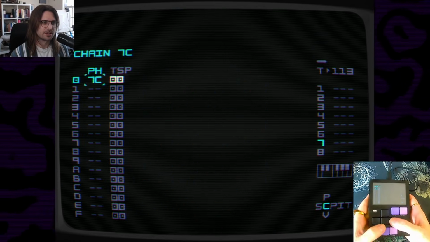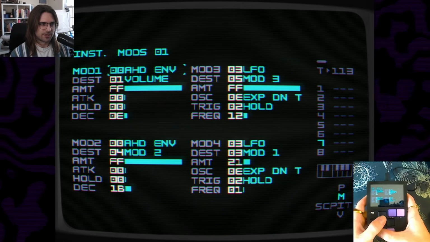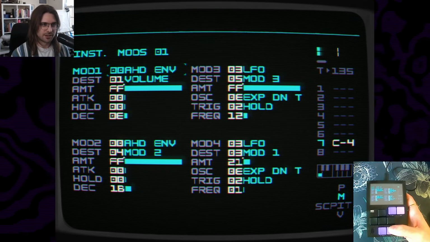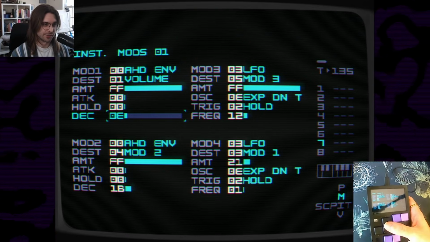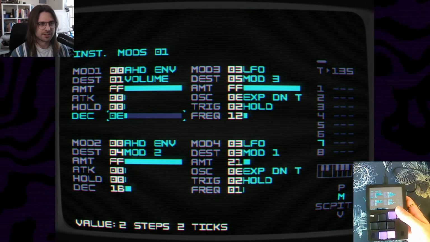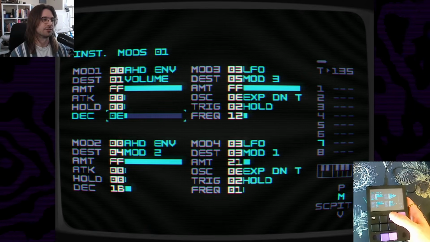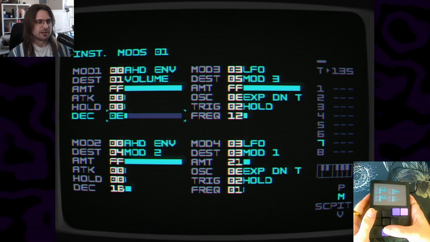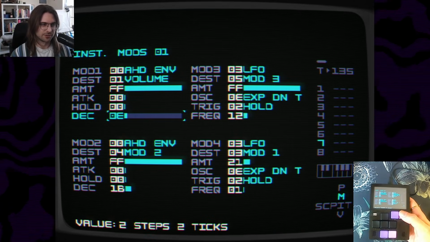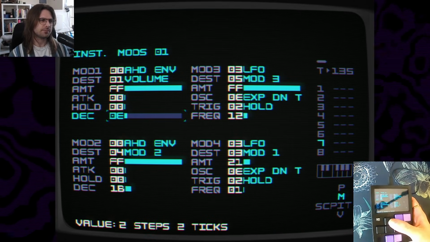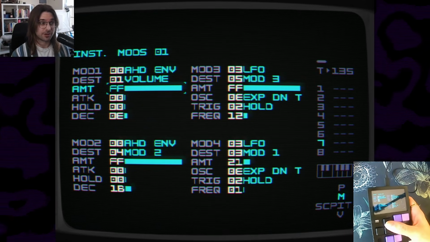All of your instrument envelopes are going to be determined by the tempo of the song, right? So all of these are measured in ticks, but if you slow your tempo down, you're effectively making the envelope longer because it's the same number of ticks, right? But because the tempo is moving slower, it means the envelope is open for longer.